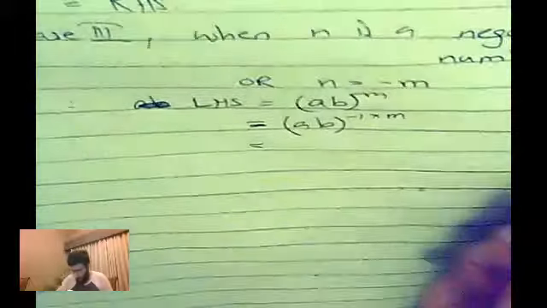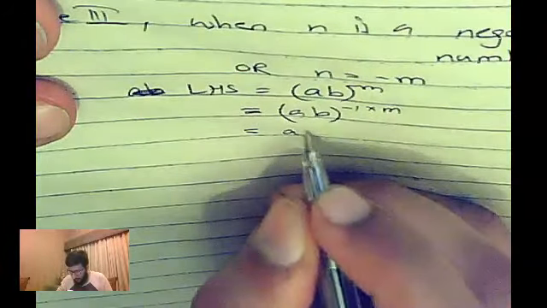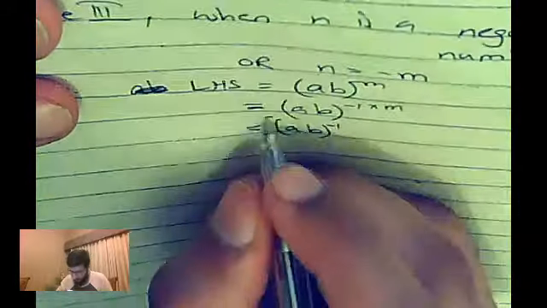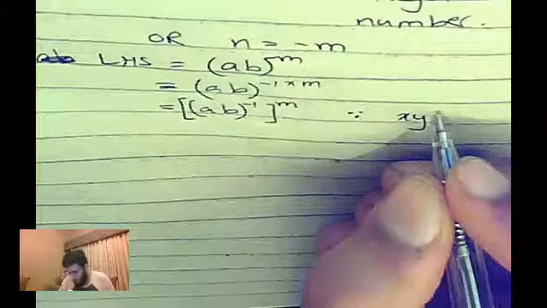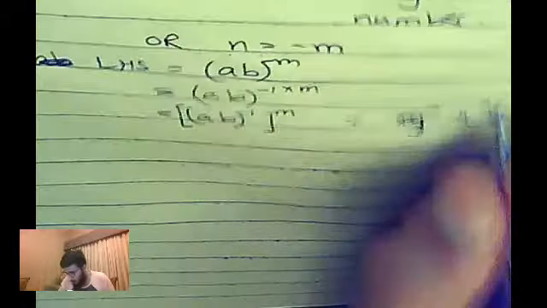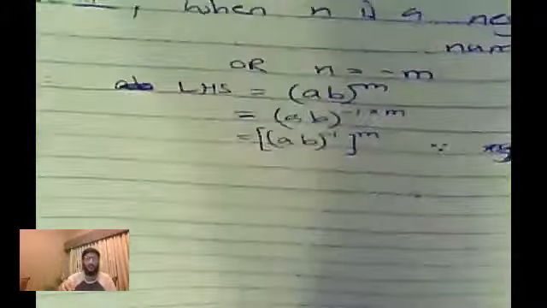Nothing wrong in that. And we can also write (AB) whole raised to the power minus 1, times m, because it is the rule of integers that x power a whole raised to the power b equals x power a times b. That was the rule.